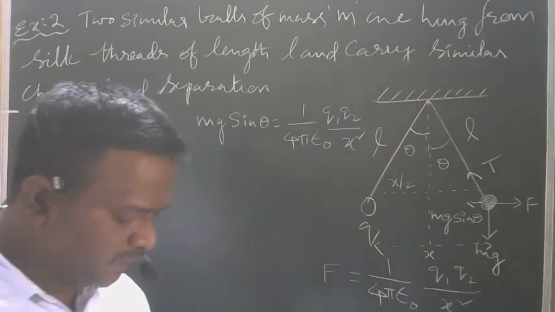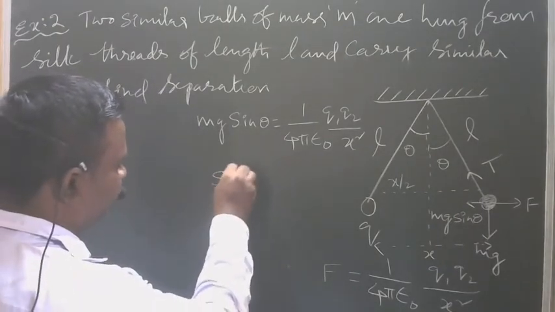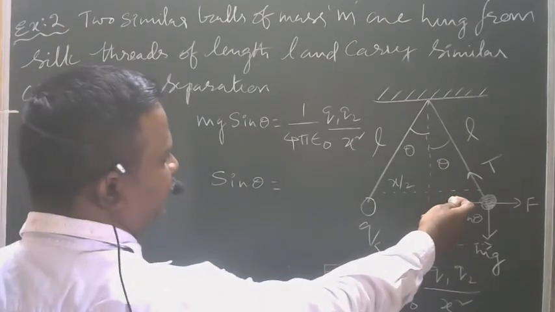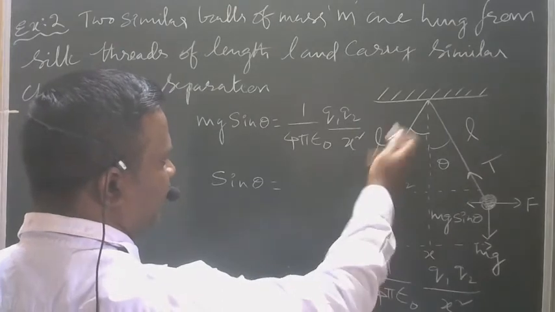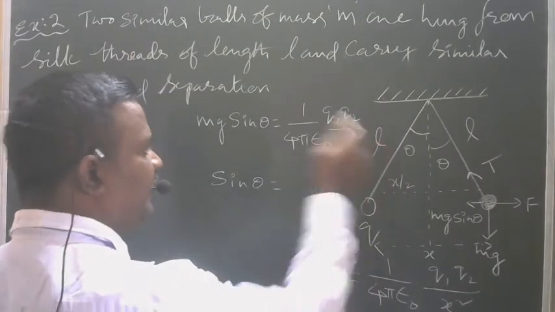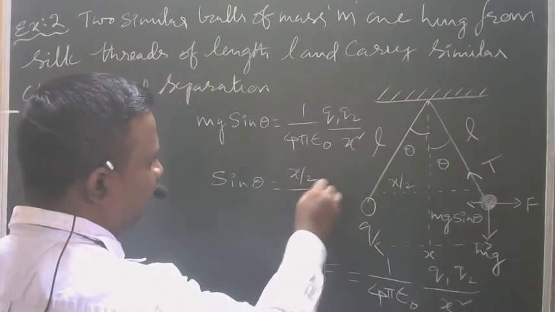Using this, sin theta is equal to opposite side by hypotenuse. This is x by 2 and this is L. Therefore, sin theta is x by 2 by L.